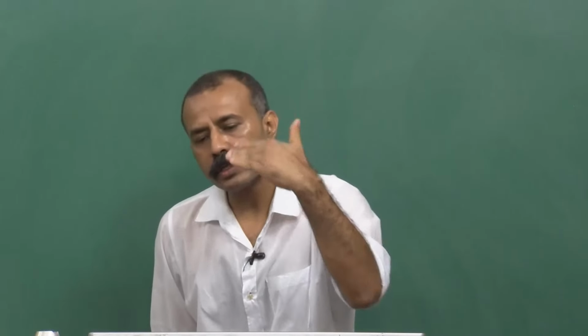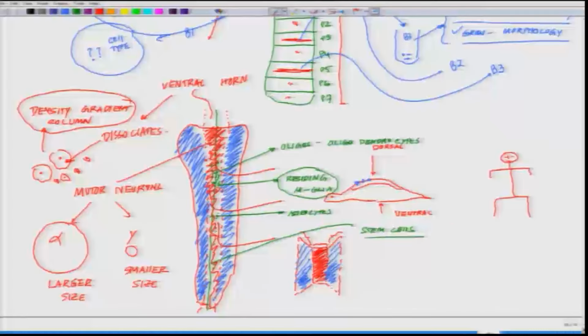Once you separate out these cells, what you will achieve is something like this. On a density gradient column, the largest cells, which are the motor neurons, will form a wonderful layer, if you are really good at it, a small thin layer out here, which will be the pure motor neurons.